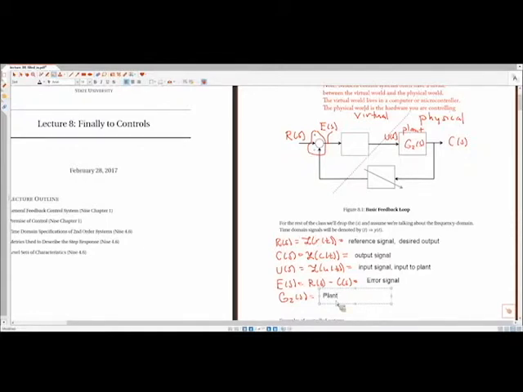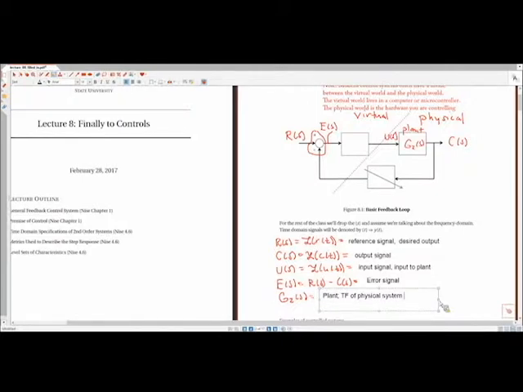So the plant is just controls language for the physical system we're trying to control. Okay, so if it's the system you're looking at in project part 2, the plant is the motor pendulum assembly with gearbox, right? That's the physical system we're trying to control. If it's cruise control, your plant is your car, right? It's a transfer function relationship between your accelerator angle and the speed of your car.